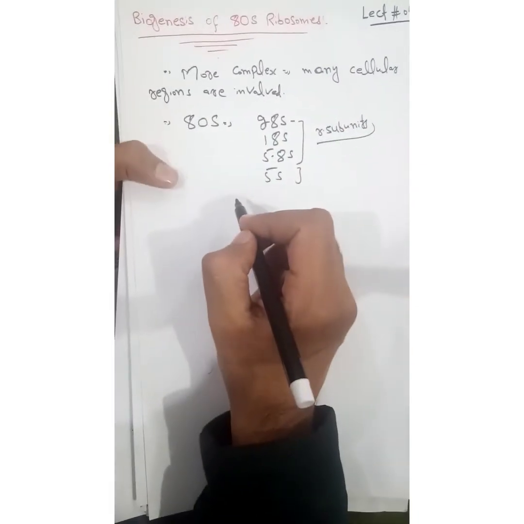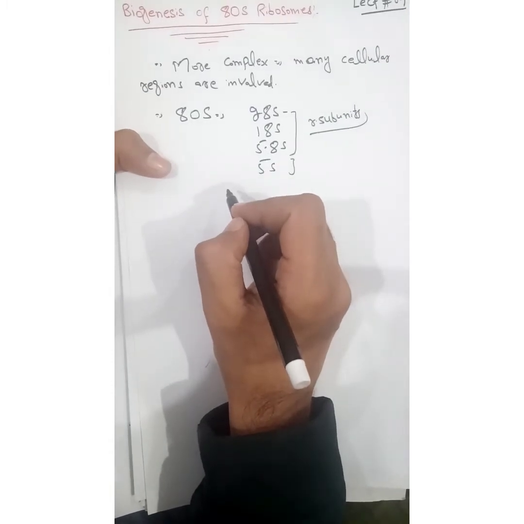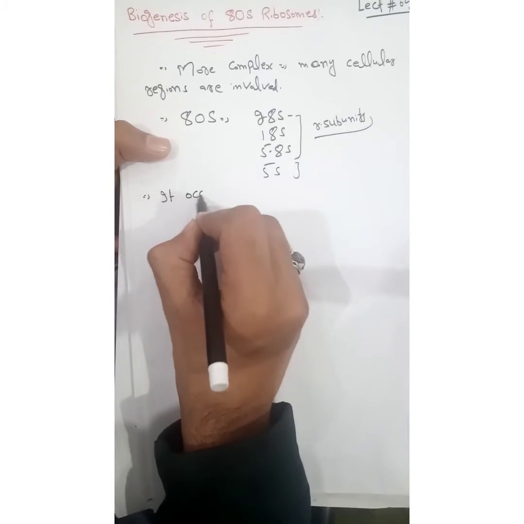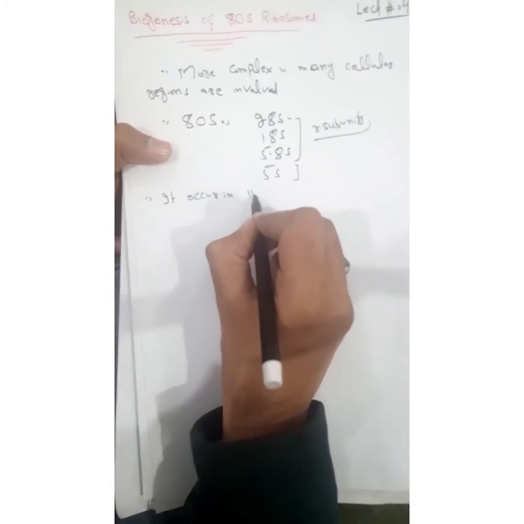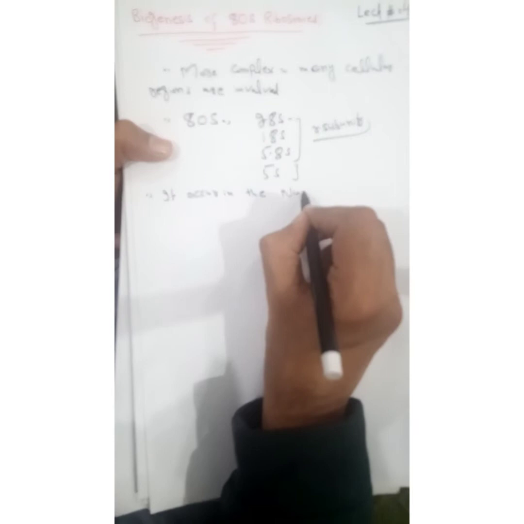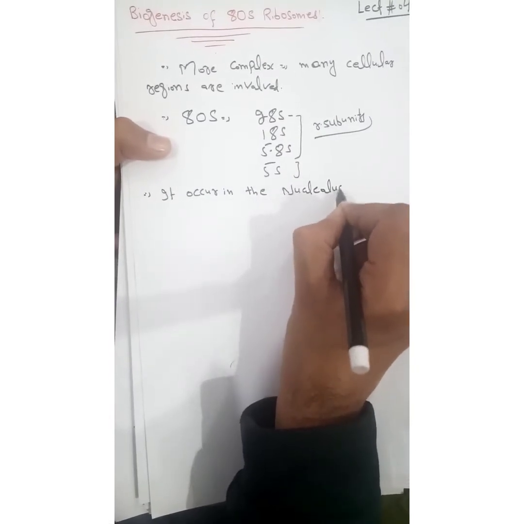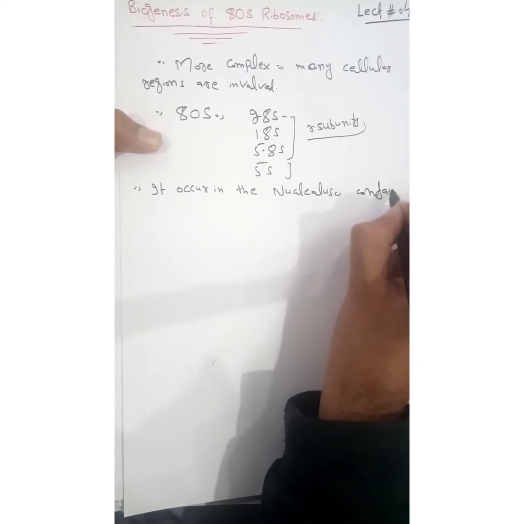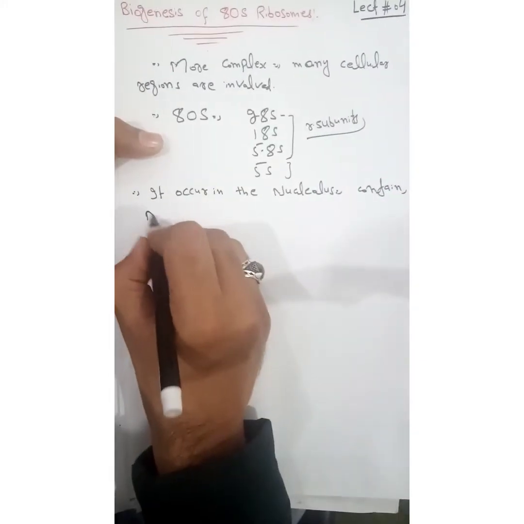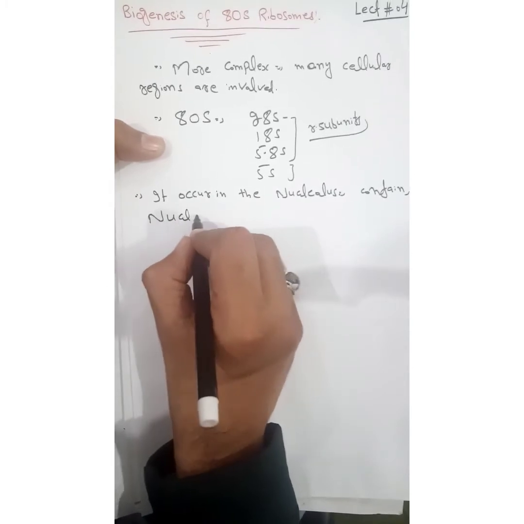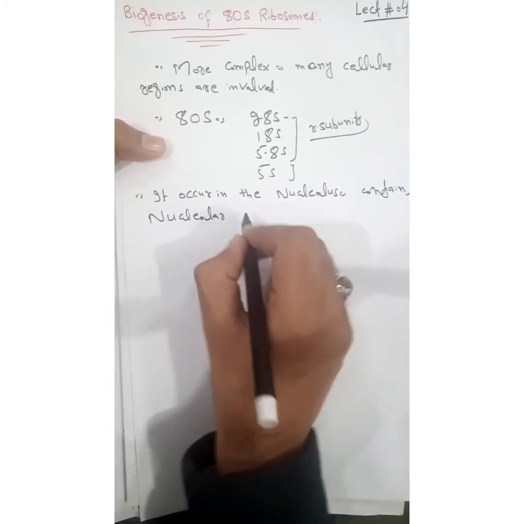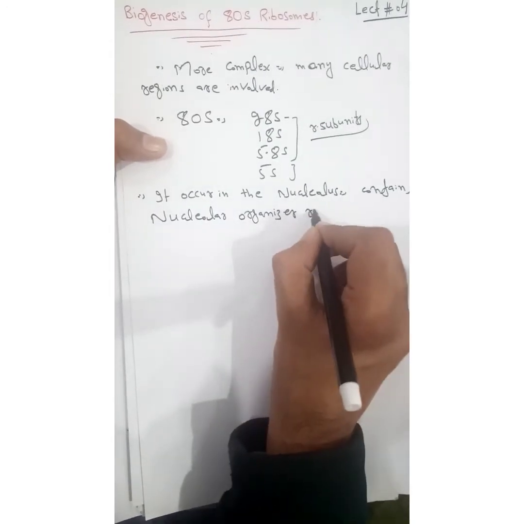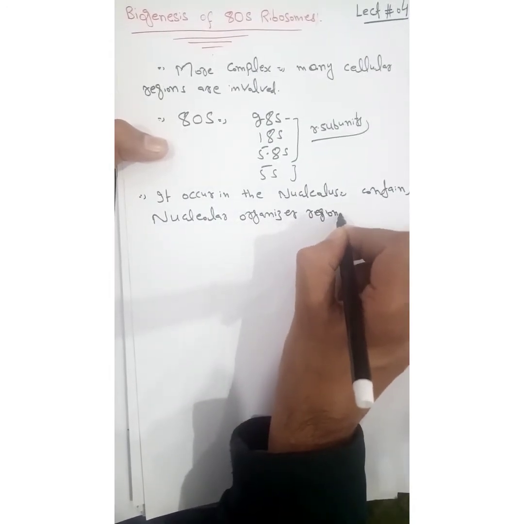The synthesis of ribosomes in eukaryotes occurs in the nucleolus. The nucleolus contains a region called the nucleolar organizer region, NOR.